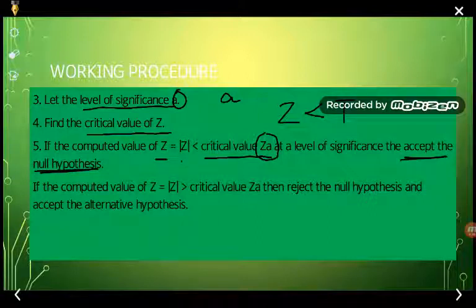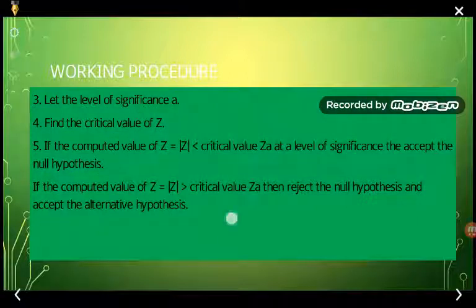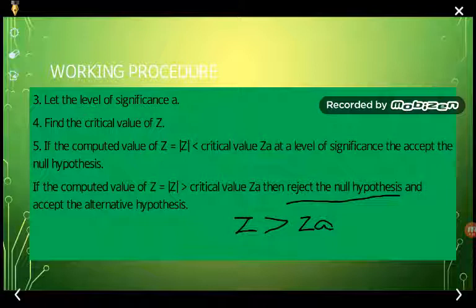And if the calculated value of Z is greater than the given significance value of the table, then we reject the null hypothesis and accept the alternative hypothesis. So always remember that if your calculated value is less, then we accept the null hypothesis, and if your calculated value is more than the given value, then we reject the null hypothesis and accept the alternative hypothesis.